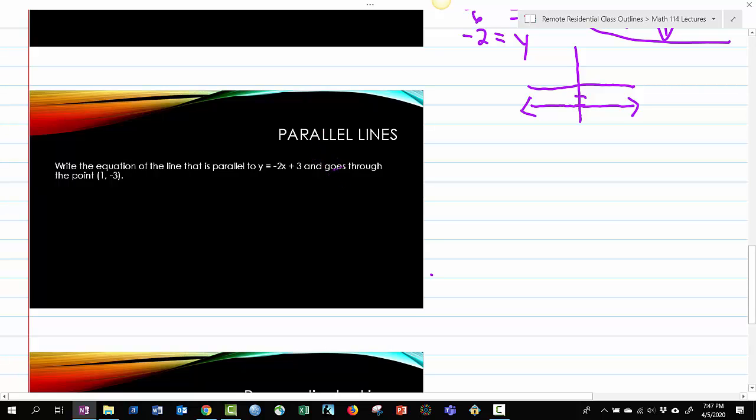Some of the questions are going to tell you the lines are parallel, like this one. Write the equation of the line that is parallel to y equals minus 2x plus 3 and goes through this point. Well, if two lines are parallel, parallel lines have the same slope.